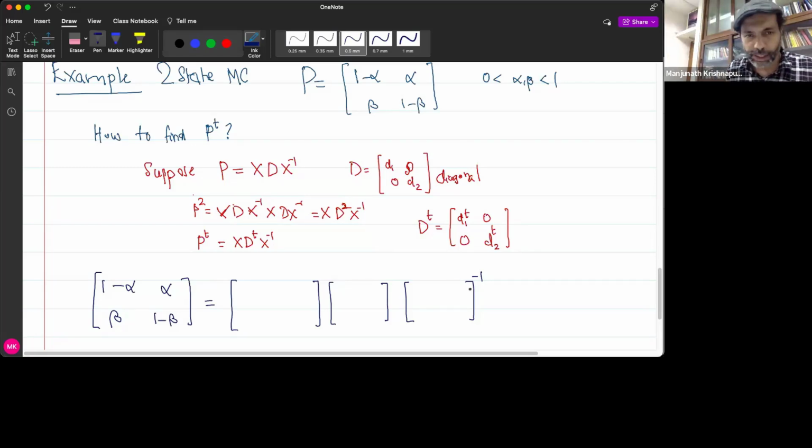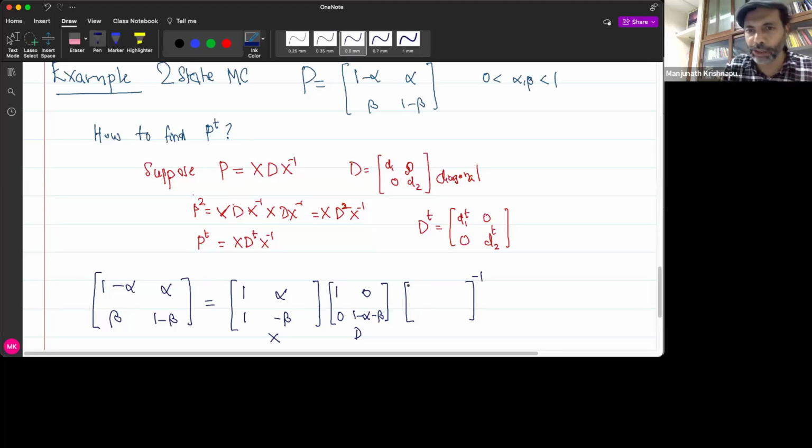The diagonal entries of the diagonal matrix D are going to be 1 and 1 minus alpha minus beta. And this is the D matrix, and this is the X matrix that I want. X matrix is going to be 1, 1, alpha, minus beta. And this will be the inverse of it.